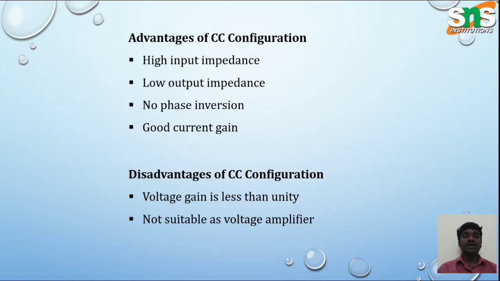Then there are some disadvantages also. The voltage gain is less than or equal to 1, and it is not suitable as a voltage amplifier. These are the disadvantages of the common collector configuration.